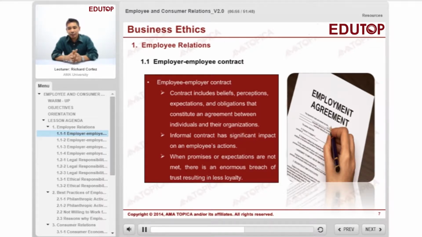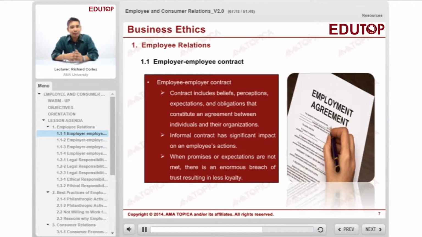And another one is the employer-employee contract. When promises or expectations are not met, there is an enormous breach of trust resulting in less loyalty. So the contract is an agreement, a mutual agreement between the employer and the employee.